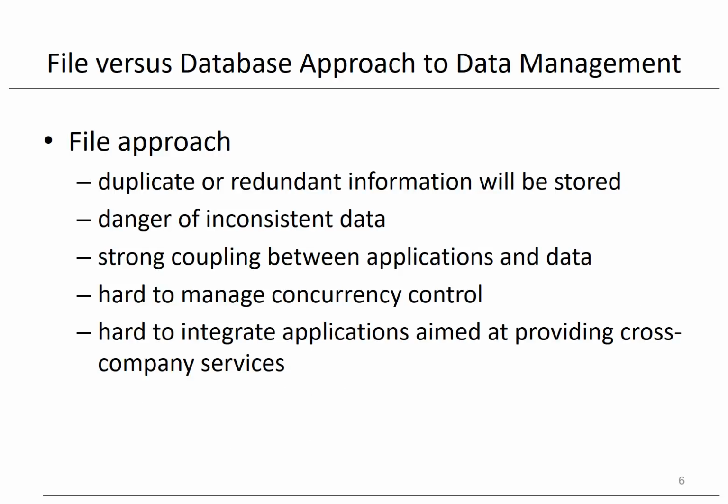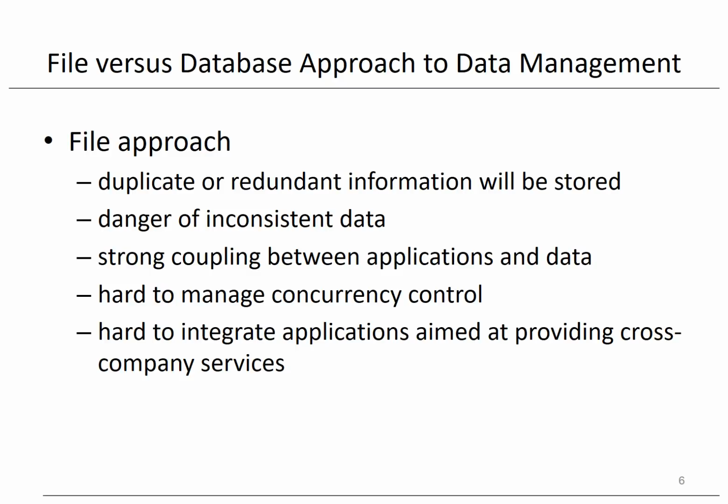Since each application uses its own data files, many using similar data, duplicate or redundant information will be stored, resulting in a waste of storage resources. If this is not appropriately managed, there is a danger that customer data is updated in only one file and not elsewhere, yielding inconsistent data.